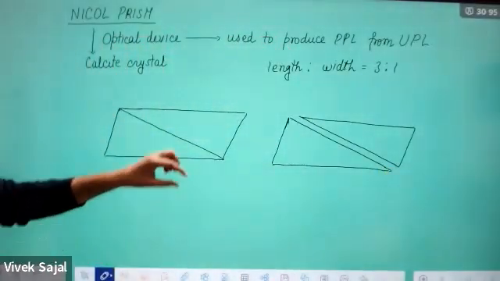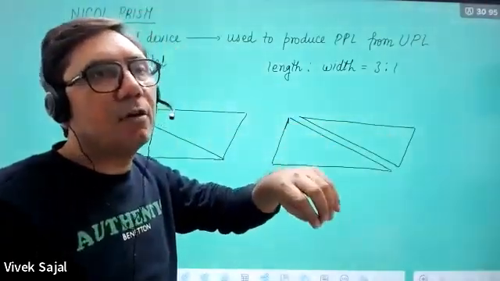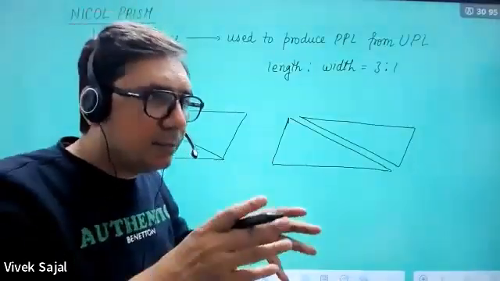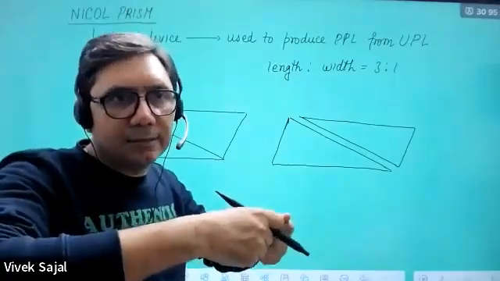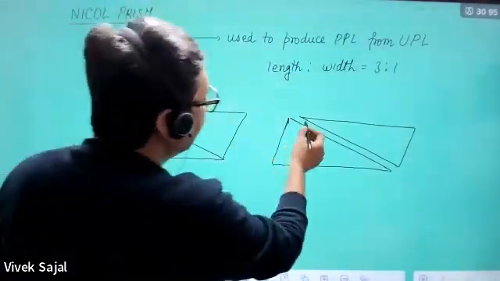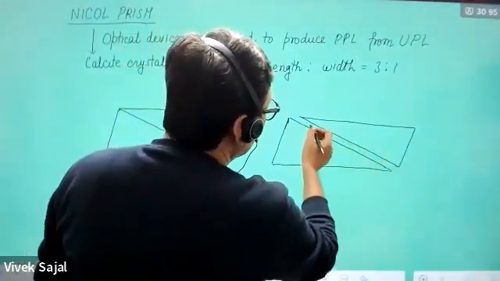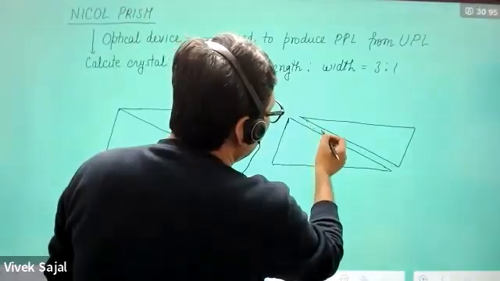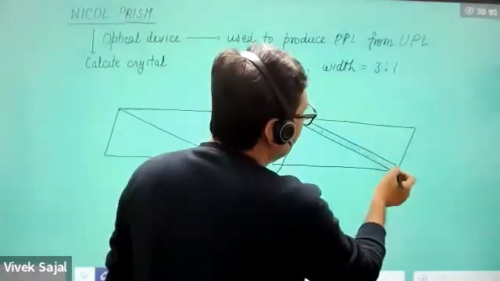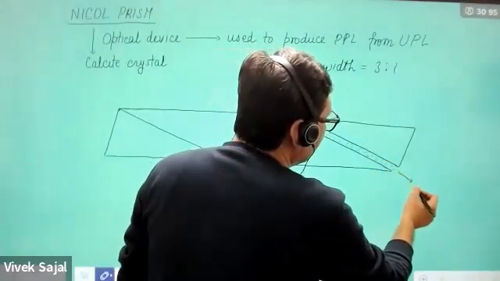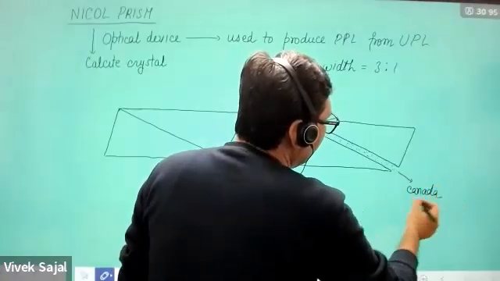Now what do you do? In between these two, you paste a cement called Canada balsam. Canada balsam is a cement that is used to attach these two crystals together. You place a very thin layer of Canada balsam here, between these two.